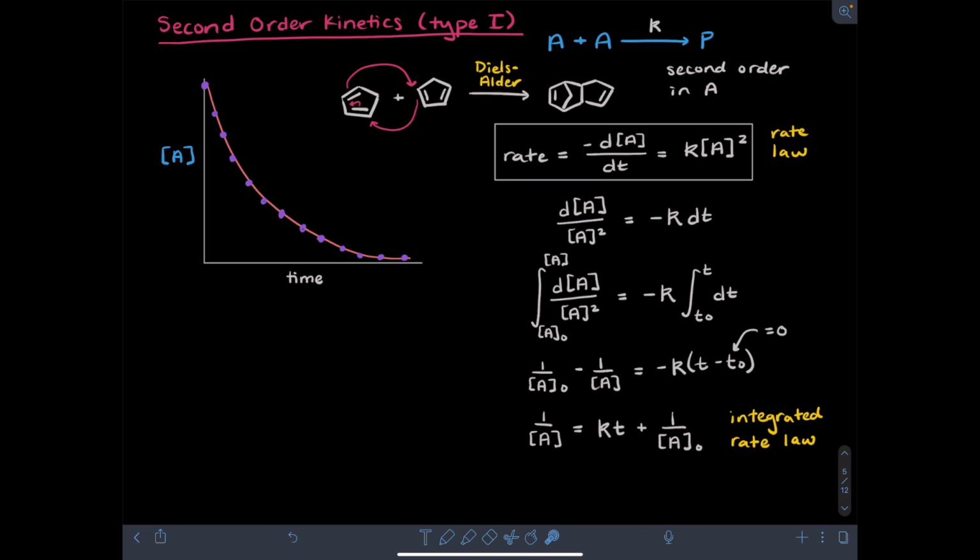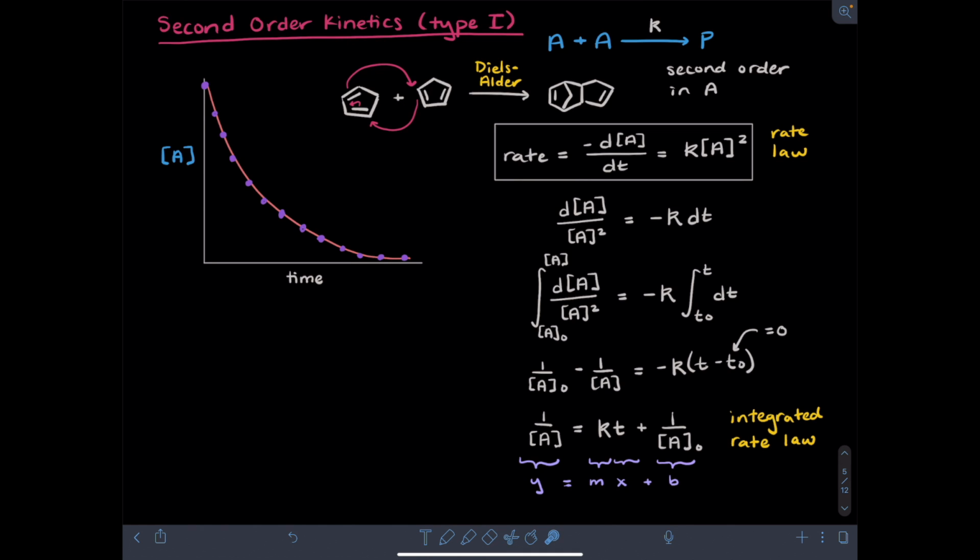To get the integrated rate law, I'm going to keep the 1 over A term on the left, move the 1 over A0 term to the right, and then switch some negative signs. I get 1 over the concentration of A equal to kt plus 1 over the concentration of A0.